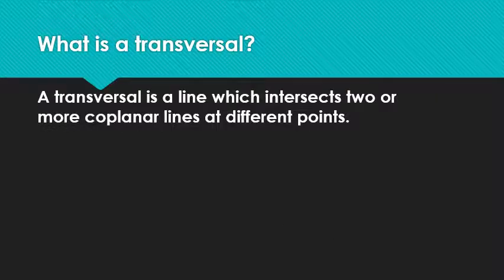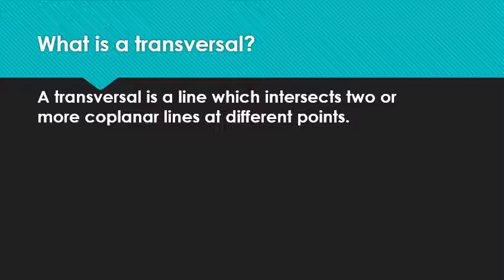All right, so as we start our study of lines and angle pairs, we first must determine what a transversal is. And a transversal is a line which intersects two or more coplanar lines at different points.